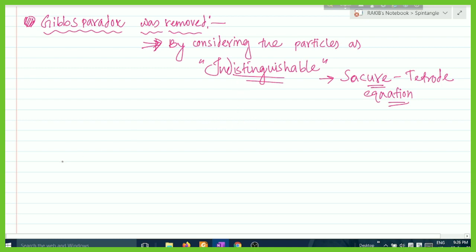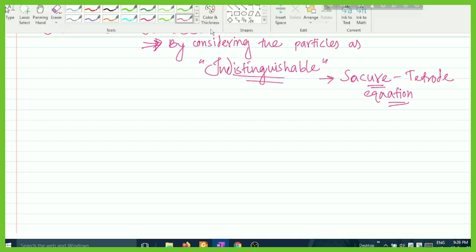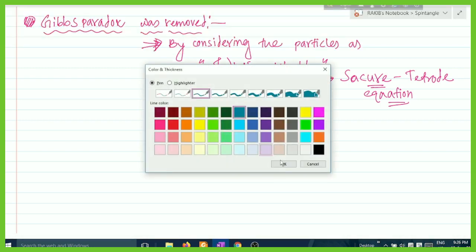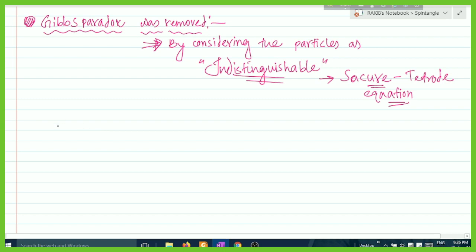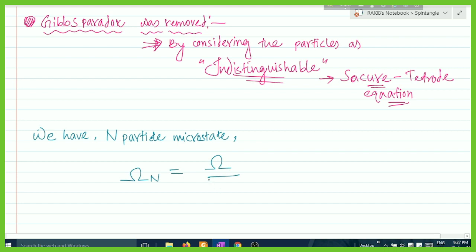So now let's start with the mathematics. Say we have the n particle microstate, given by omega n, and omega n will be our previous omega upon n factorial. What was our previous omega?